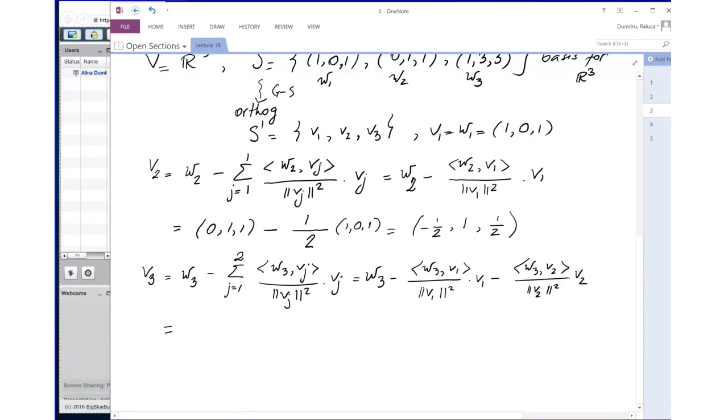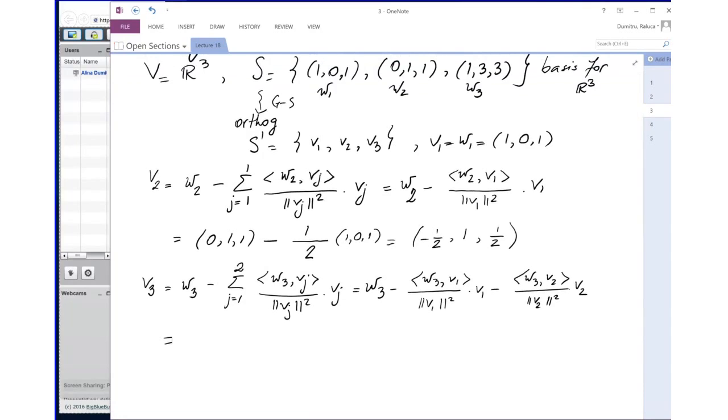All right, so W3, what's that? W3 is (1, 3, 3). Minus the inner product between W3 and V1, which is 4. V1 is W1, so the inner product between W1 and W3 is 4.